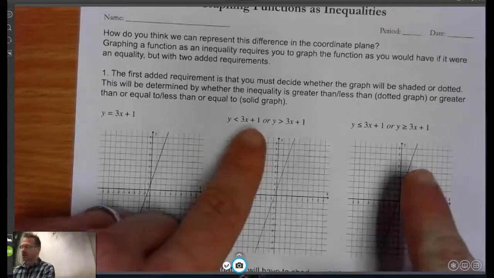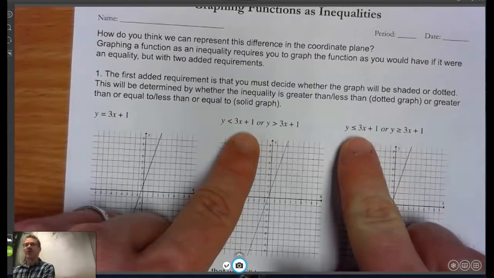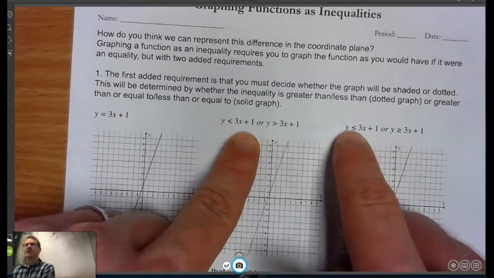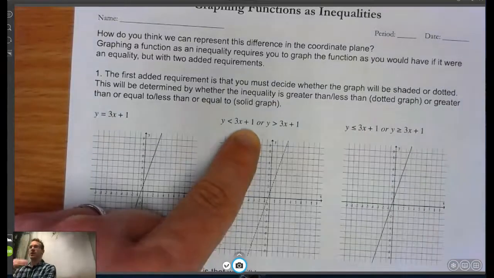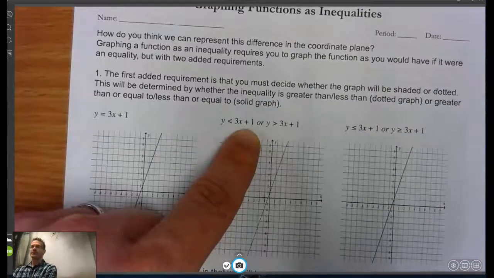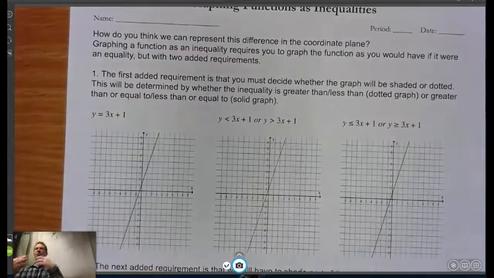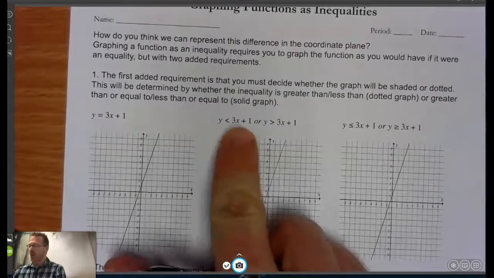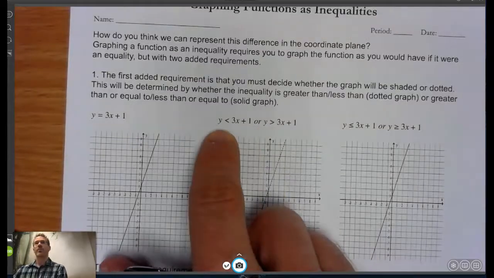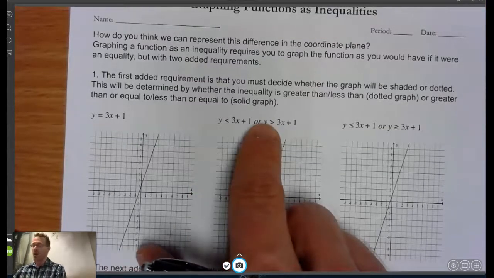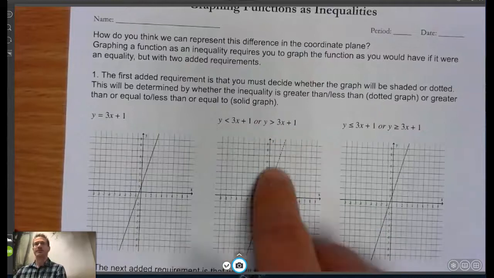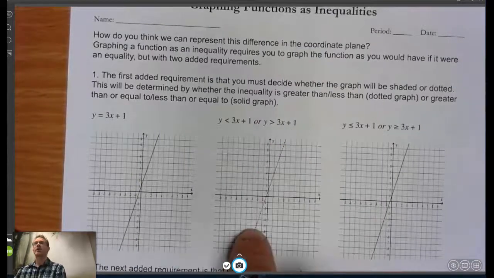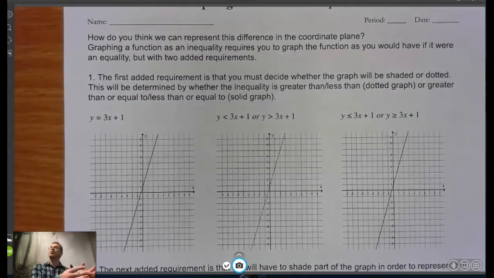When we have the bar, the equal to, what we just said is that we get to include the points on the line. The way we do that when we graph an inequality is this: when we have a less than or greater than symbol, we graph a dotted line. That tells me I don't get to include those points in my solution set.